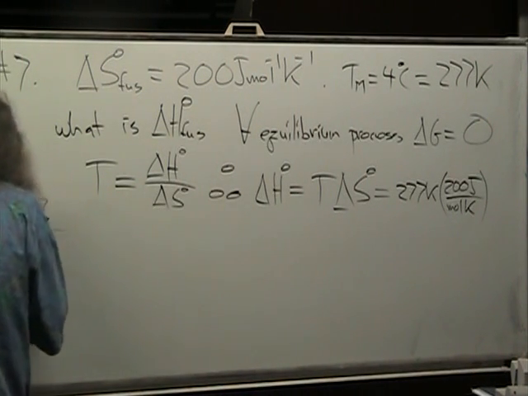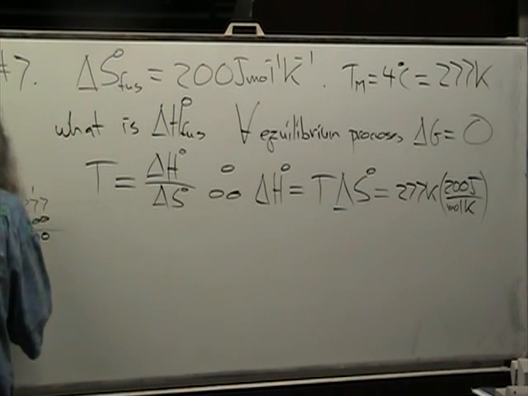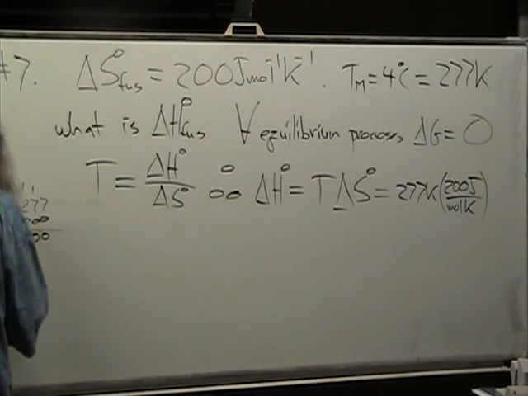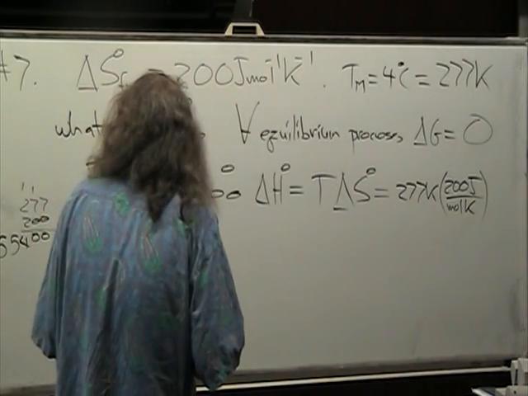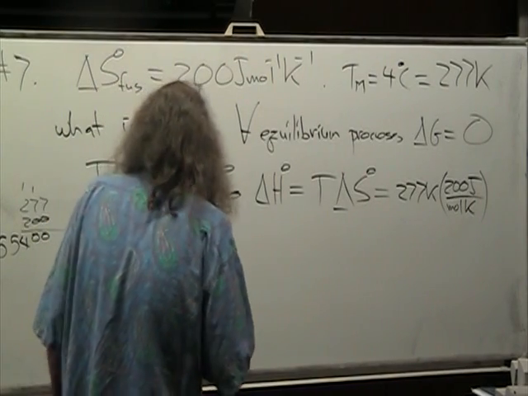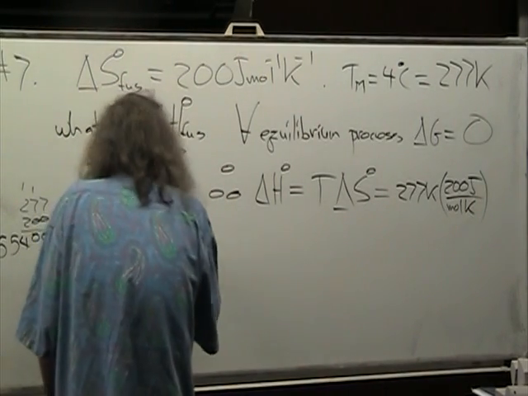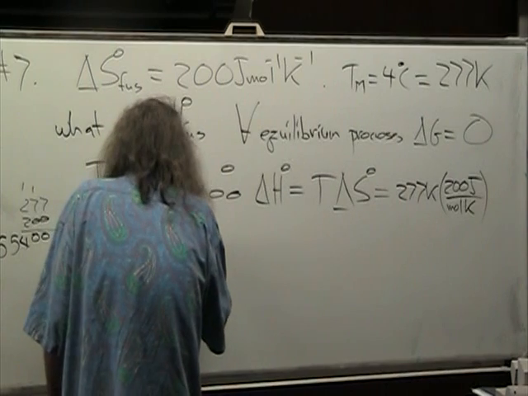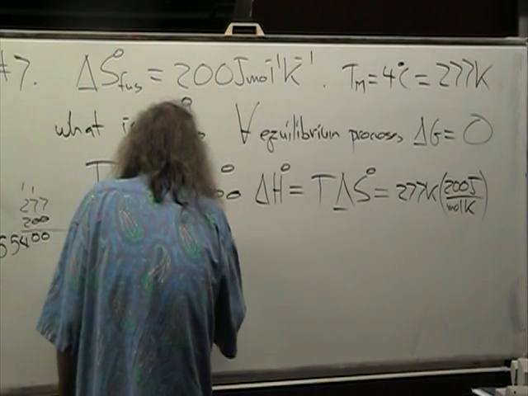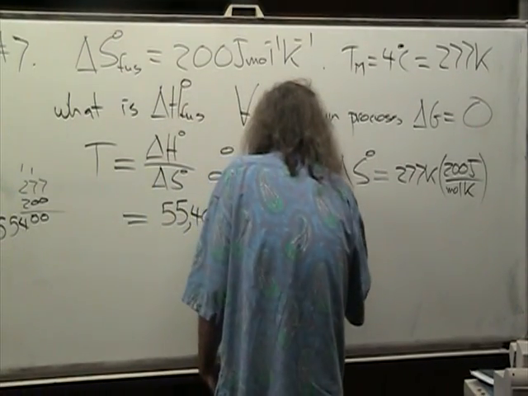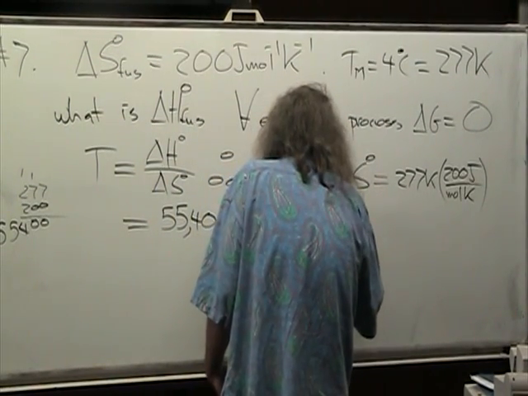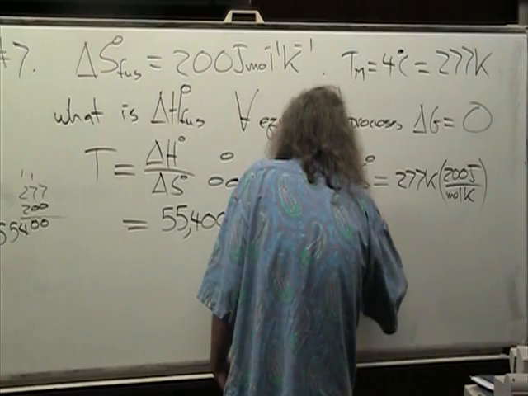Yes, you had it right. So 554, 55,400 joules per mole equals 55.4 kilojoules.